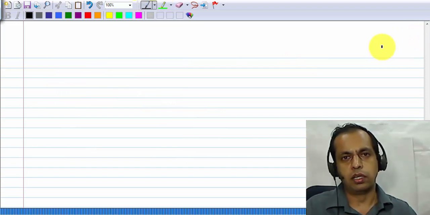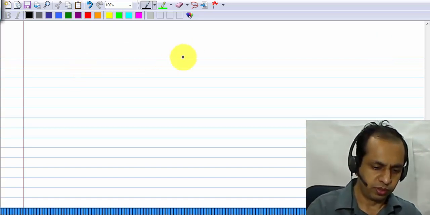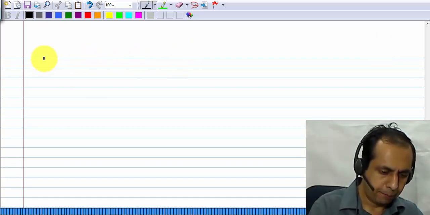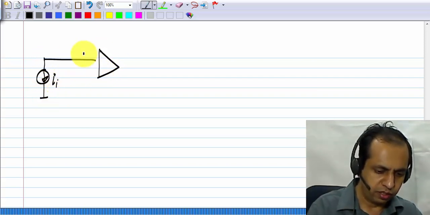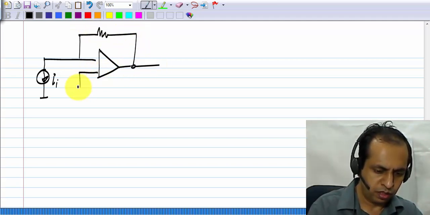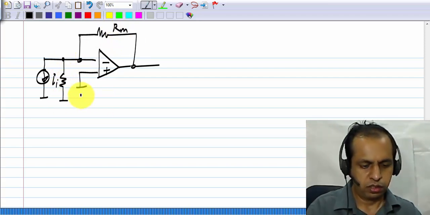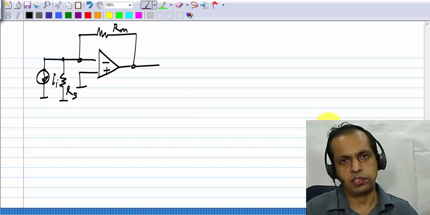Now, just like in many other current controlled devices, many times such a device is used actually with a voltage input. That is, imagine that we had a current controlled voltage source Rm, and this is the source resistance Rs.